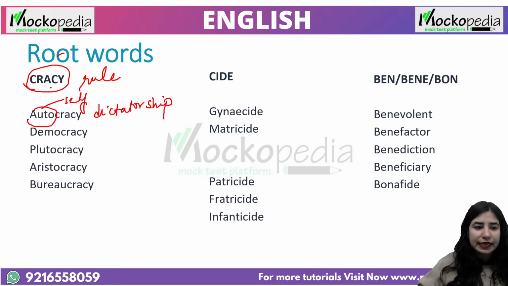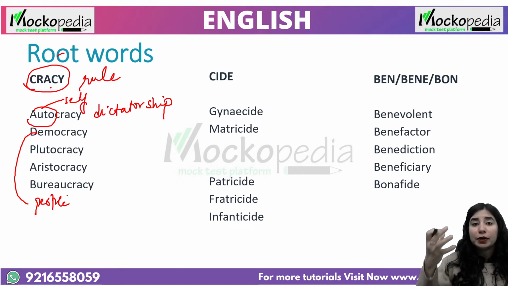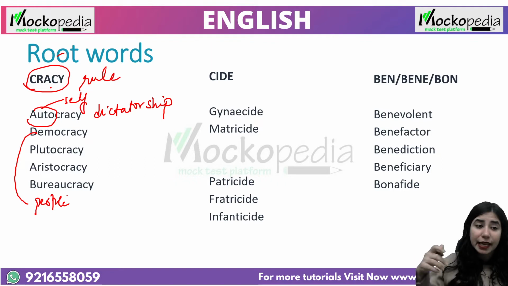So democracy. Dem stands for people. I'm sure you must have heard government by the people, for the people, of the people, a very famous saying. So in democracy, cracy is rule and dem is people, so democracy is government by the people. In our country we follow democracy. India is a democratic country.